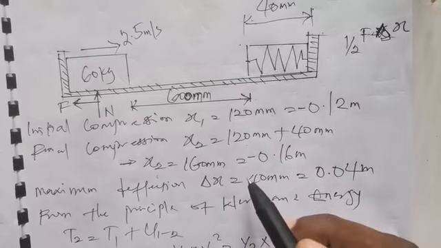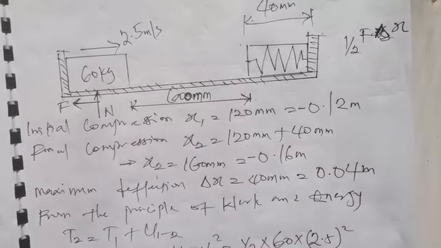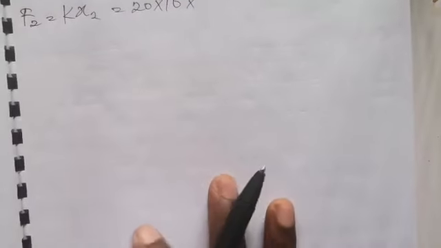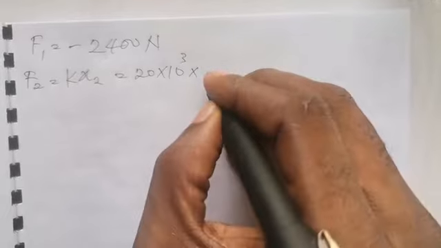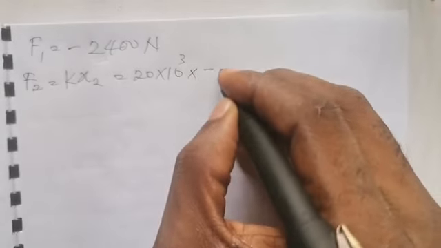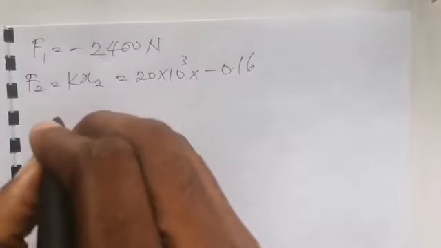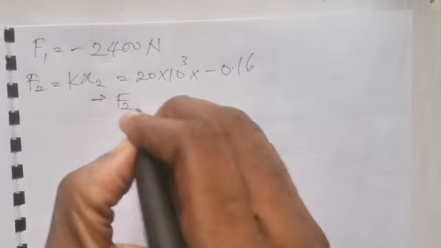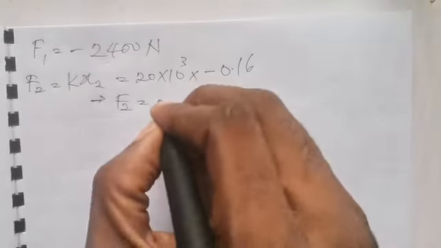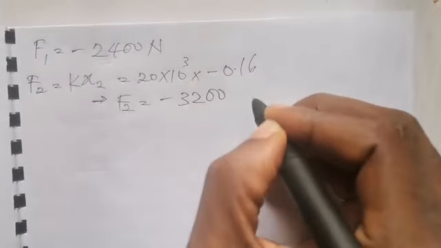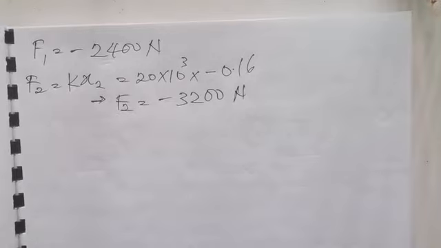Now it's going to be negative, since it is compression. So we have times minus 0.16. So this simply implies that F2 is equal to, that gives us minus 3,200 Newton. So this is our second or final spring force.